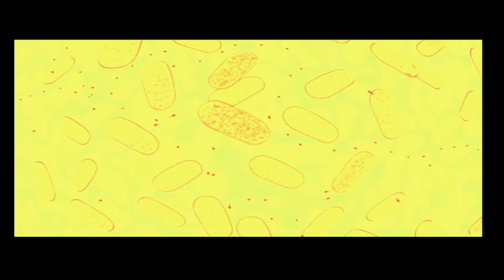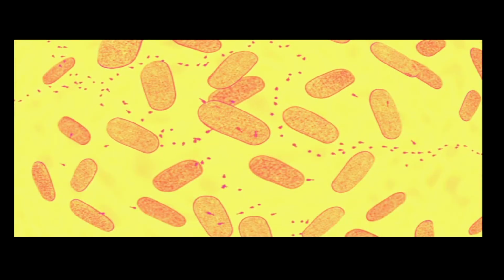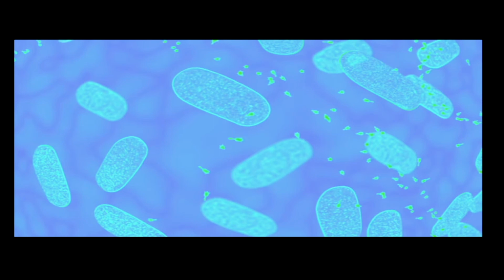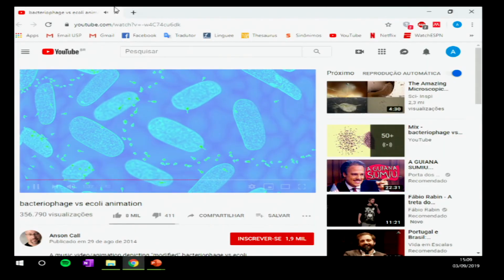The material is replicating, and at some point the cell bursts to release new virus. So we have a cycle, and this virus will infect other cells to reproduce more and more. So lots of E. coli, lots of bacteriophage, and we have an infection, okay? This is the complete cycle.